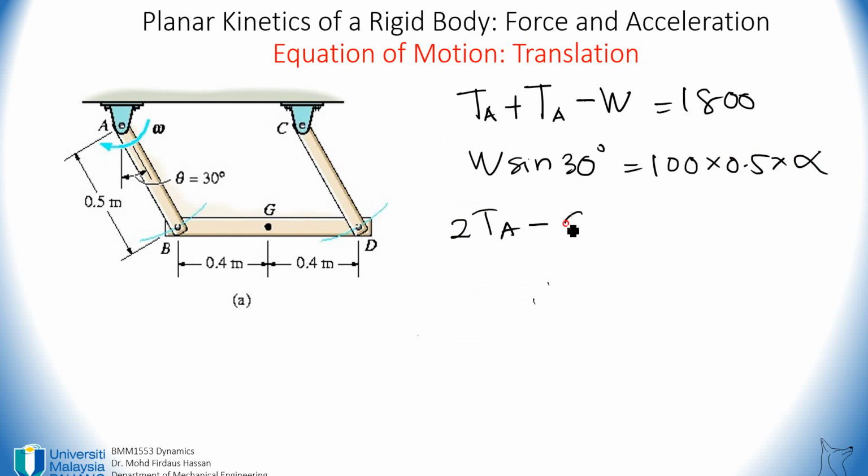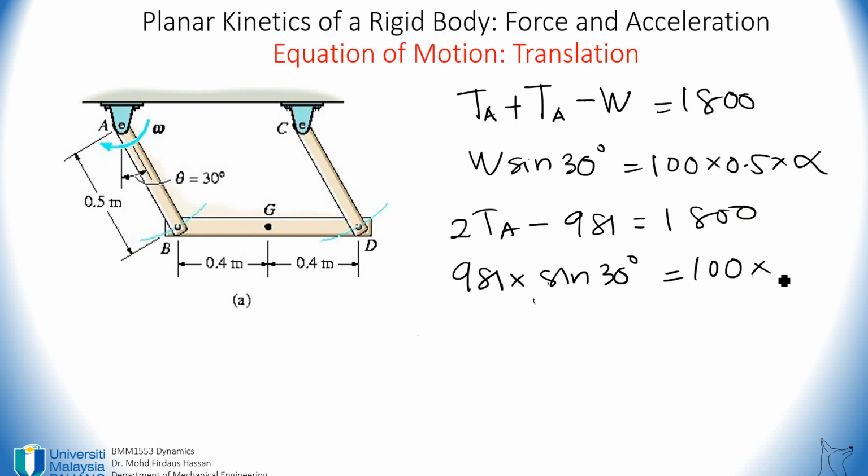2TA minus 981 equal to 1800. And 981 times sine 30 is equal to 100 times 0.5 times alpha.